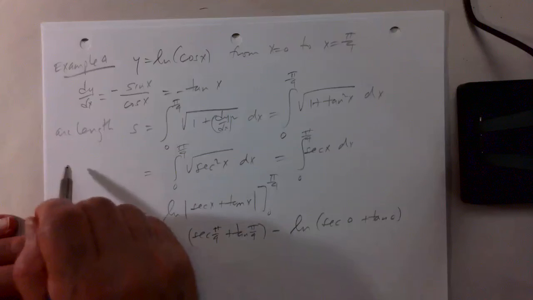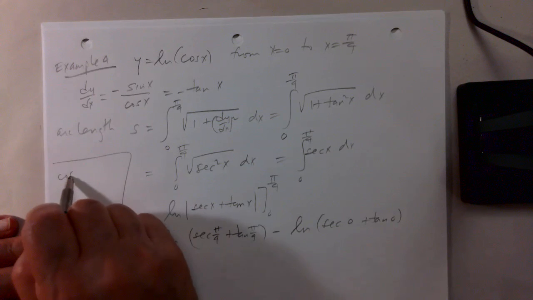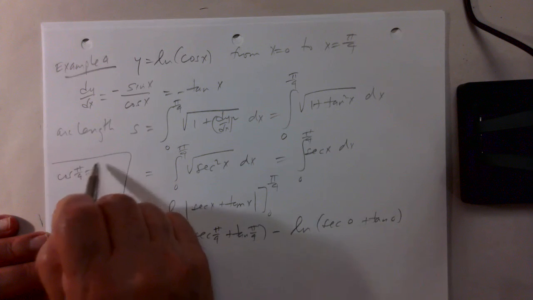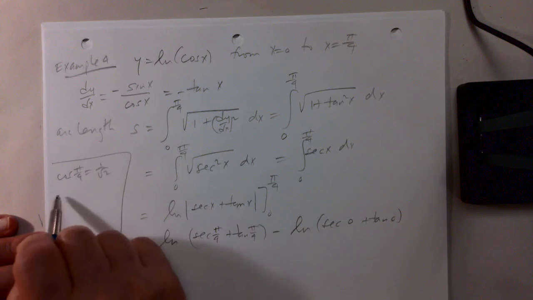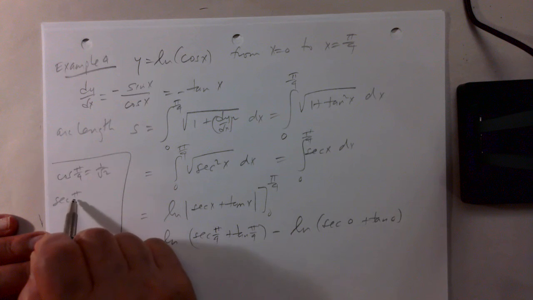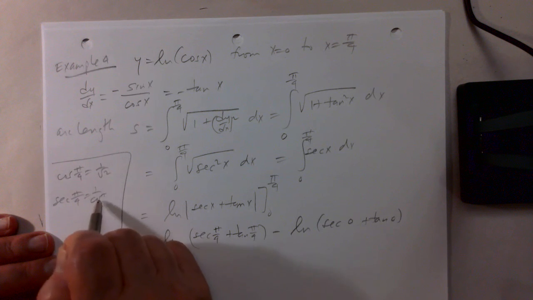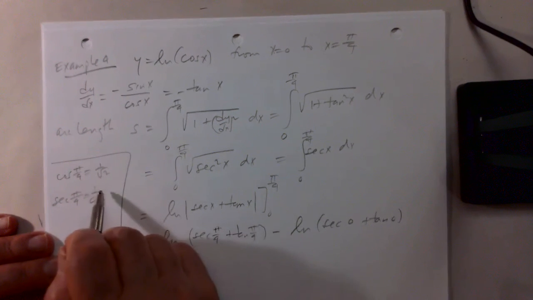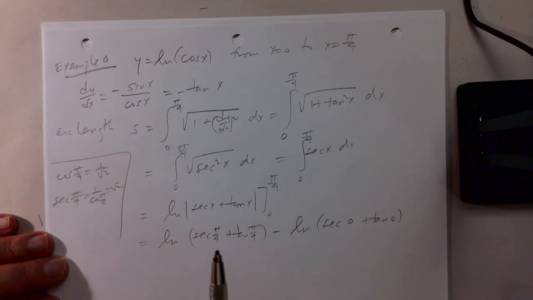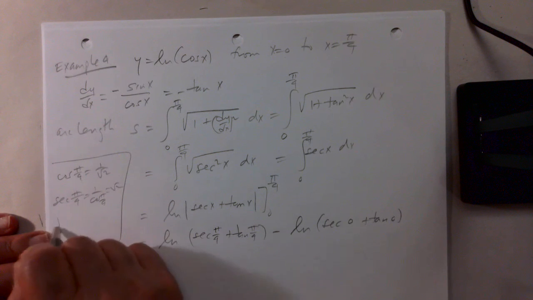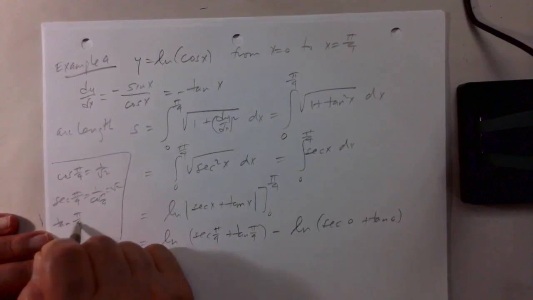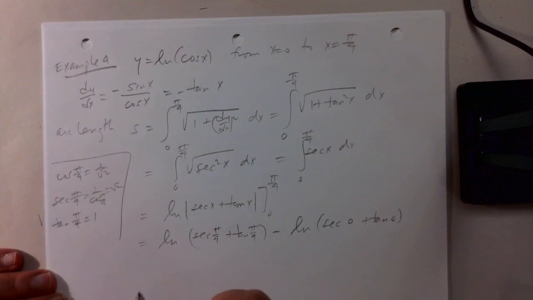Now, let's just remember, cosine of pi over 4 is 1 over root 2. The secant is 1 over the cosine. So 1 over root 2 is plus root 2. And the tangent of pi over 4 is 1.